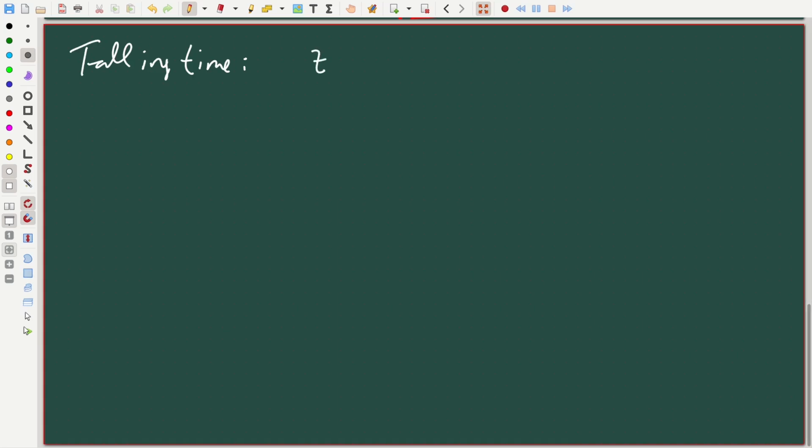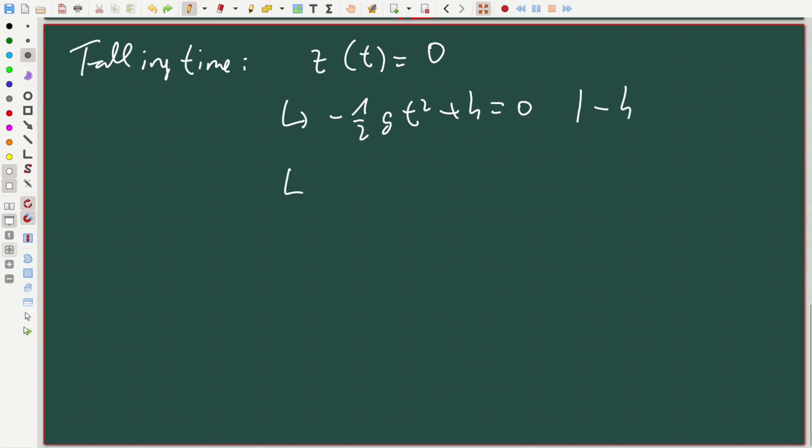So the condition for our time t is that z of t has to be equal to 0. Then we can just insert our equation, minus 1/2 g t square plus h, and this is equal to 0. Now we have to solve this for t by first bringing h to the other side. This then gives minus 1/2 g t square, which is equal to minus h.